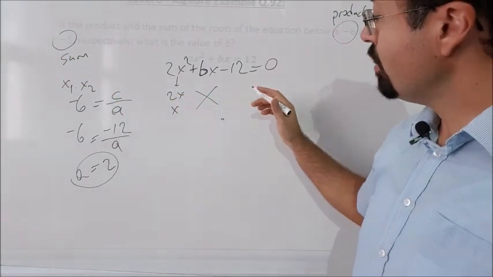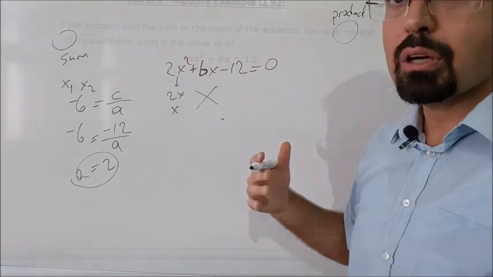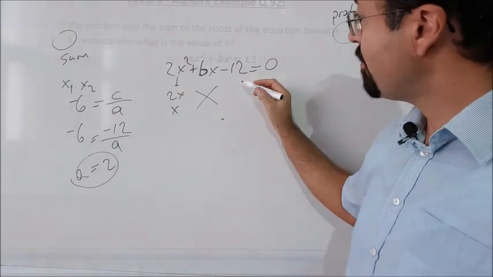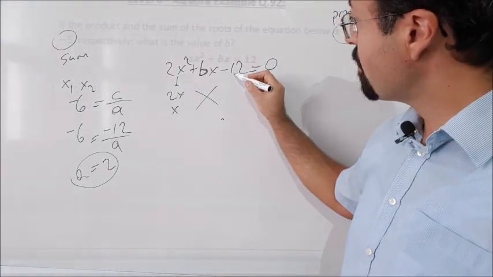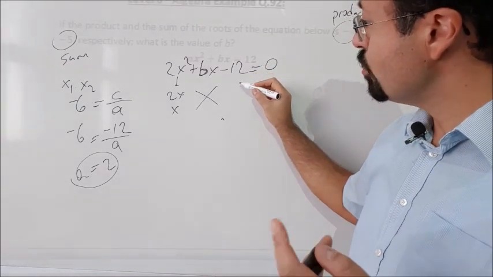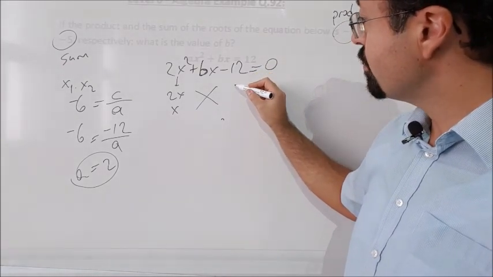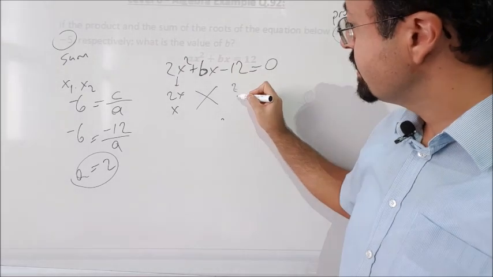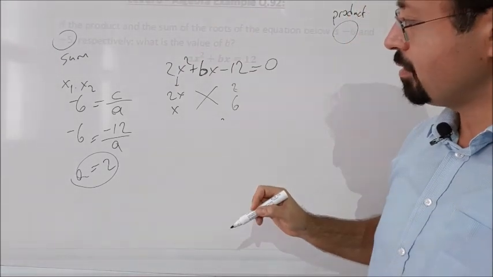When we try out some alternatives, we'll find that when we break minus 12 down into two numbers, we have to find 2 and 6 at some point.